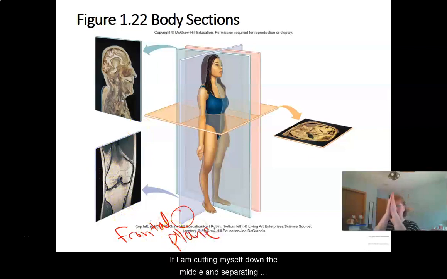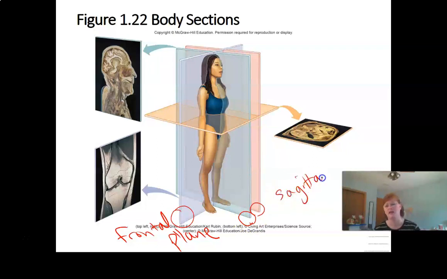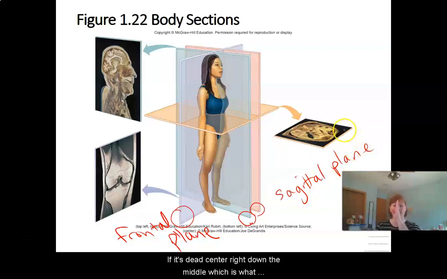If I am cutting myself down the middle and separating into right and left halves, which we can see with this bluish plane right here, actually the pink one does as well, then we say that it is a sagittal plane. If it's dead center, right down the middle, which is what we're seeing here with this blue one, then it is mid-sagittal.